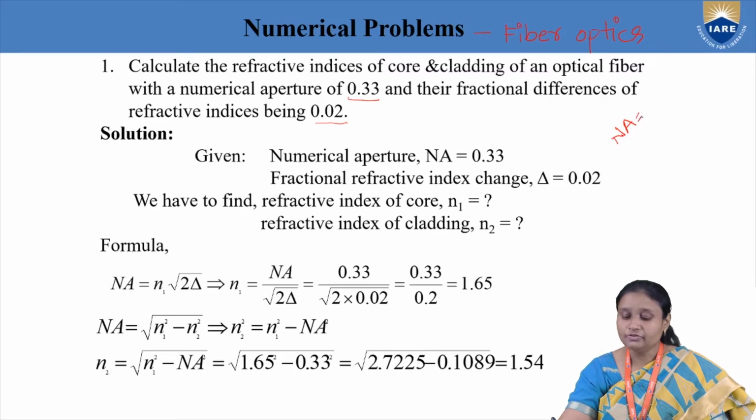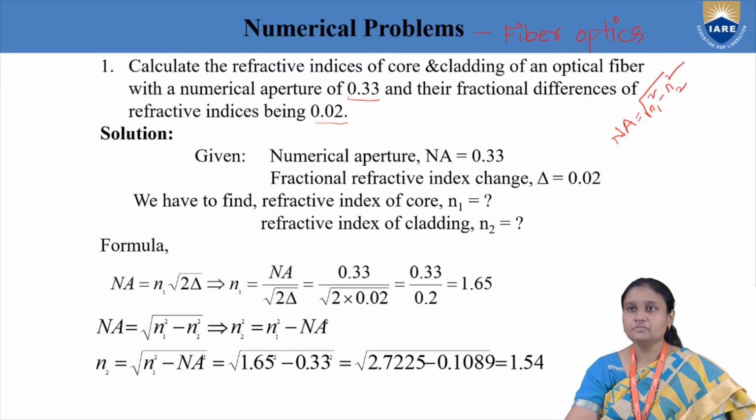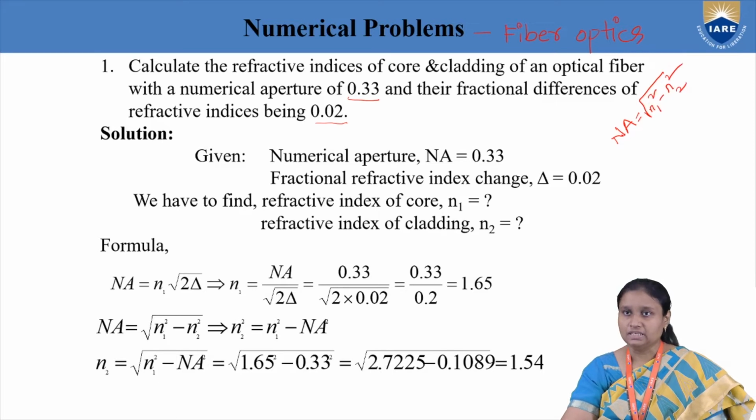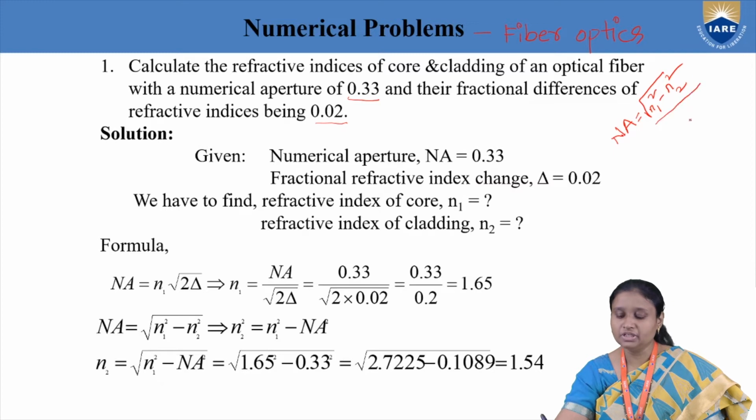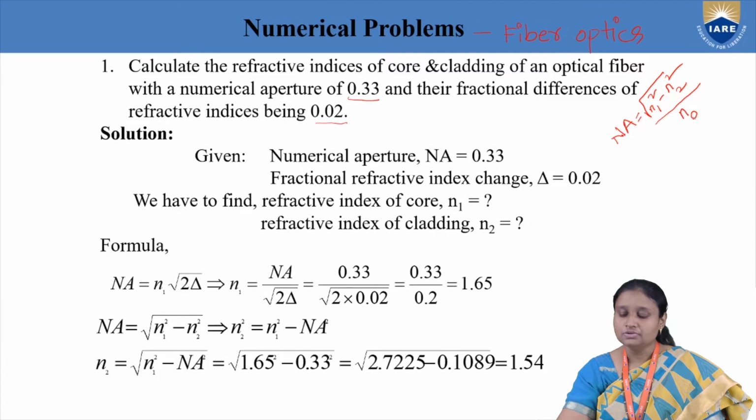And what is the formula for numerical aperture? Numerical aperture is given in terms of refractive index of core and cladding as square root of n1 square minus n2 square. Also here, if your launching medium is not air, then we have to take into consideration the outside medium, the launching medium, and it is given as N0.